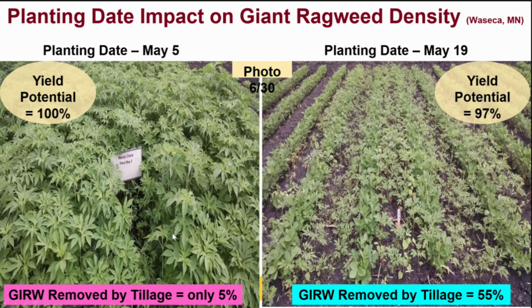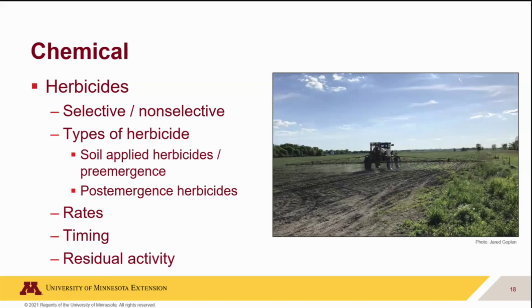In this particular year, only 5% of the ragweed had emerged by May 5th. Wait 2 weeks, and over half of the ragweed had emerged by that time. 55% had emerged in the right-hand photo, which meant about 55% of that was controlled with pre-plant tillage and set the stage to be a little bit more successful with any other follow-up weed control methods.